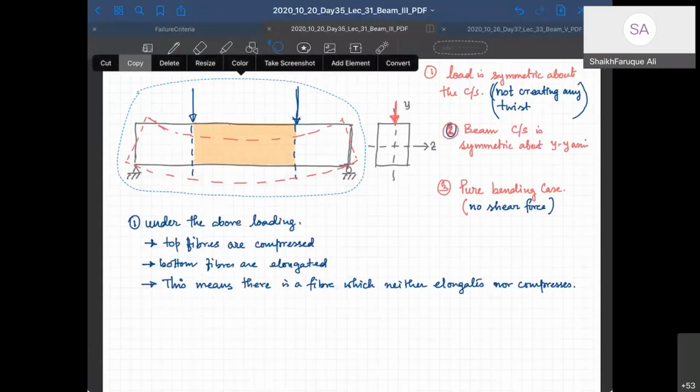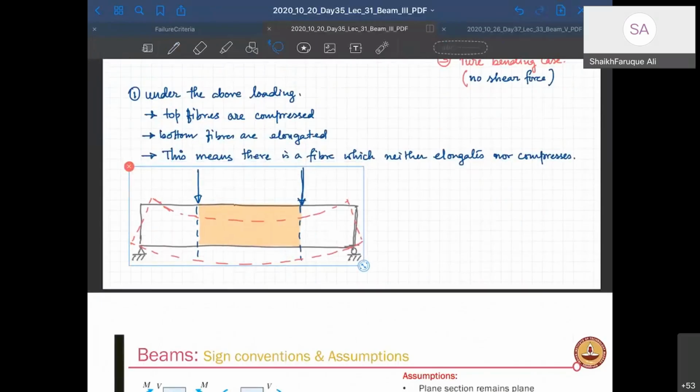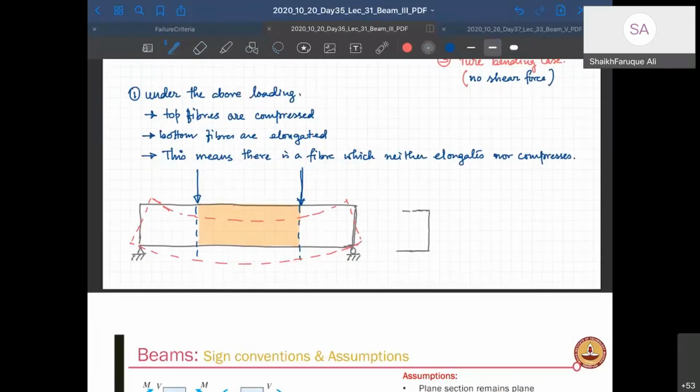Copy and paste it back here. Paste. All right, so how is the cross section, if I take a cross section, going to look? The cross section is going to look like this side is getting compressed. So, if I draw one section, before this was like this.